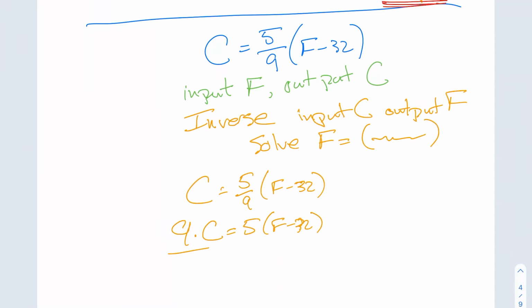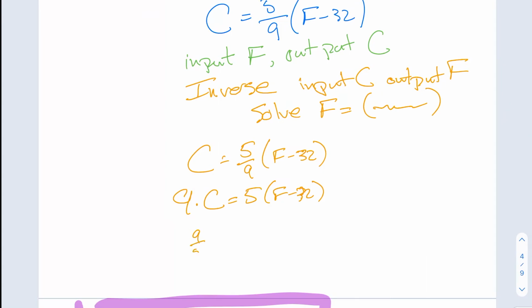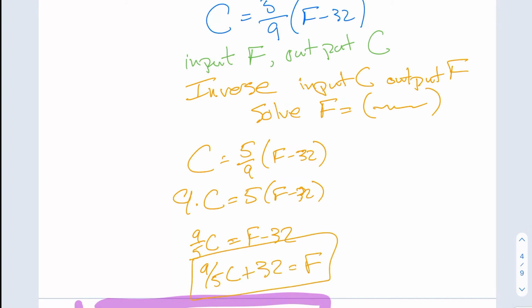Whoops, let me write it in a separate row here. 9/5 C = F - 32, and then 9/5 C + 32 = F. That's my formula, right? The Fahrenheit is equal to 9/5 C plus 32. And if you follow the guidelines that they have in the book, they would tell you to switch x and y.